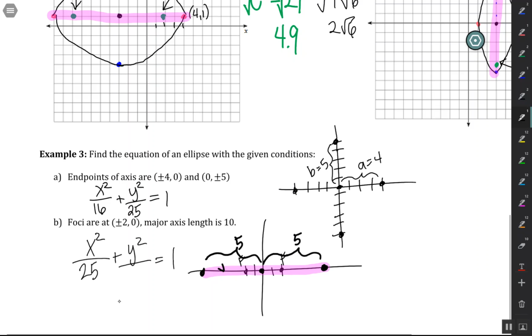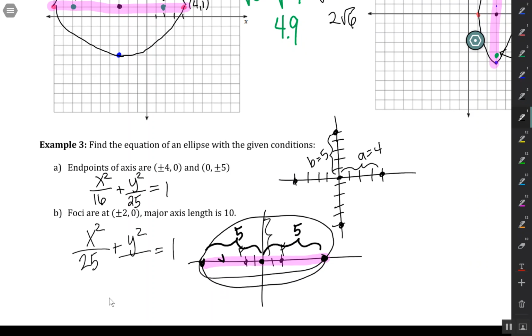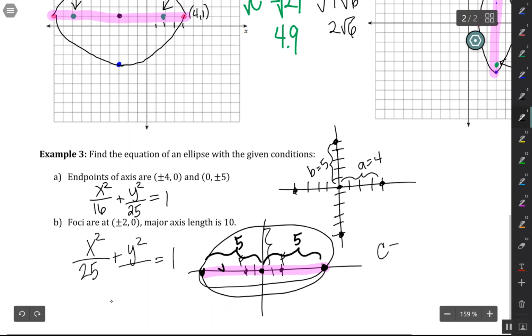So I don't know how tall it is. Okay, that is the worst ellipse in the world. But I don't know what b is. But I do know what c is. C is 2. I know A is 5. I can work backwards to find B.